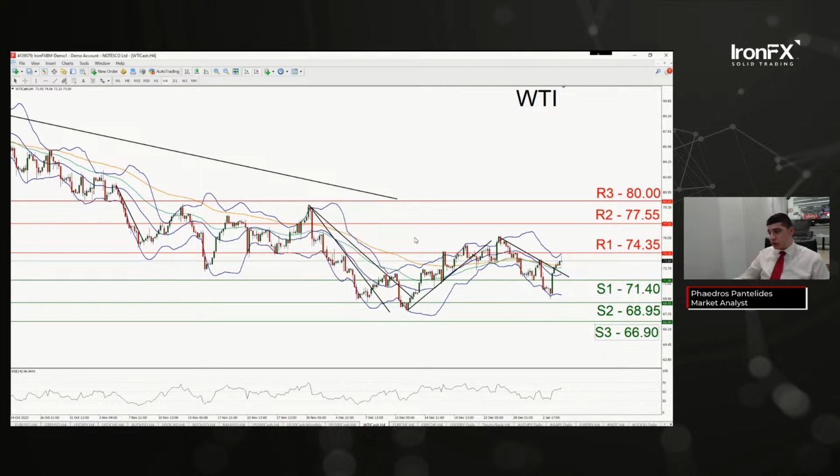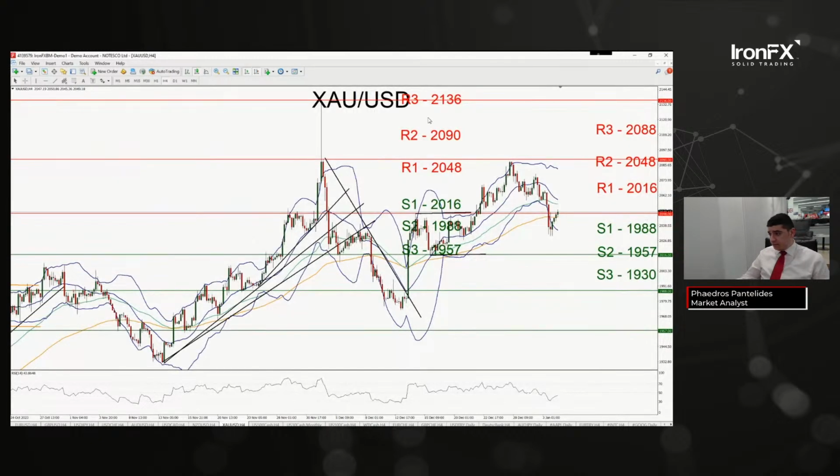So you have S1, S2, S3, R1, R2, and R3. No upwards moving trend line for now. It has broken above, aiming for R1, and predominantly bullish given that it broke above resistance turned support at 71.40. So bullish on oil.